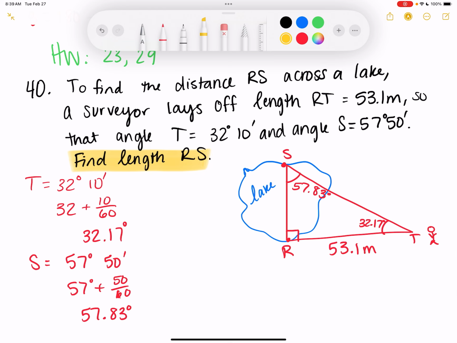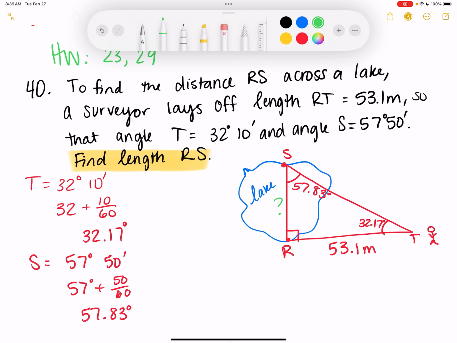So based on what we did yesterday, ideas on how I can solve for this side right here? You can use sine. Right? Of what angle? Not 53.1, 32.17.